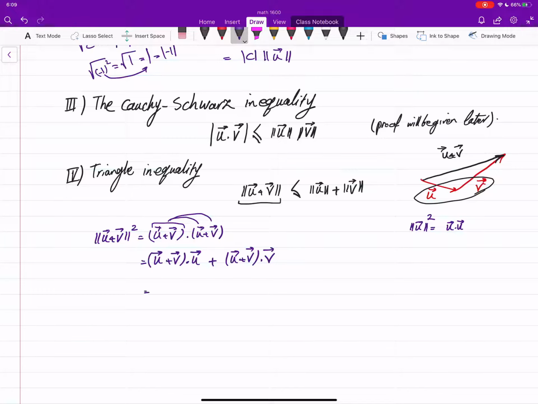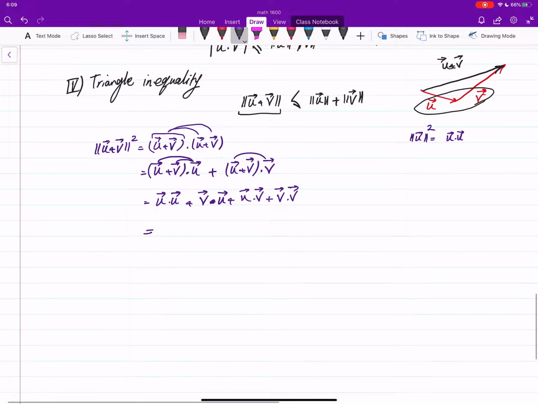We also have distribution from the right, so it will be u dot u plus v dot u plus u dot v plus v dot v. Now we know u dot u is length of u squared, and v dot v is length of v squared.